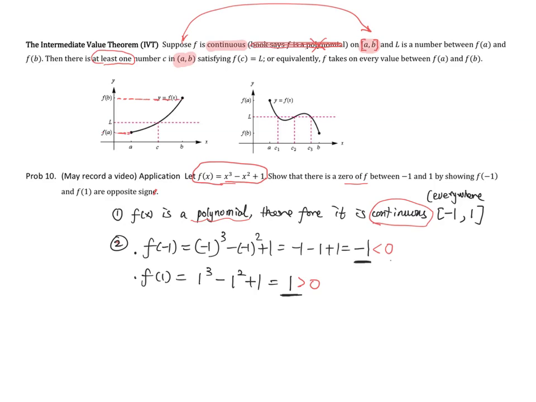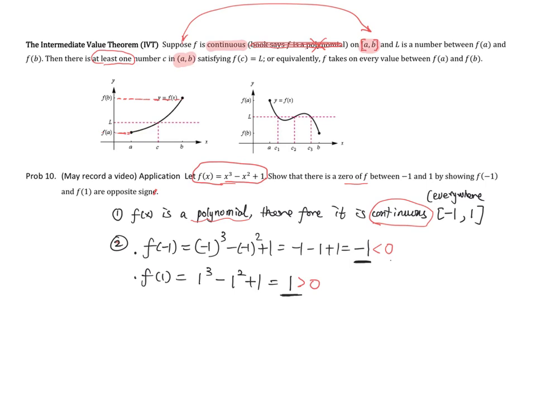Okay, now the conclusion says there is at least one number in between this -1 and 1 satisfying f of this number is equal to L, which is 0 in this case. Therefore, there's a 0 of f between this -1 and 1 interval.